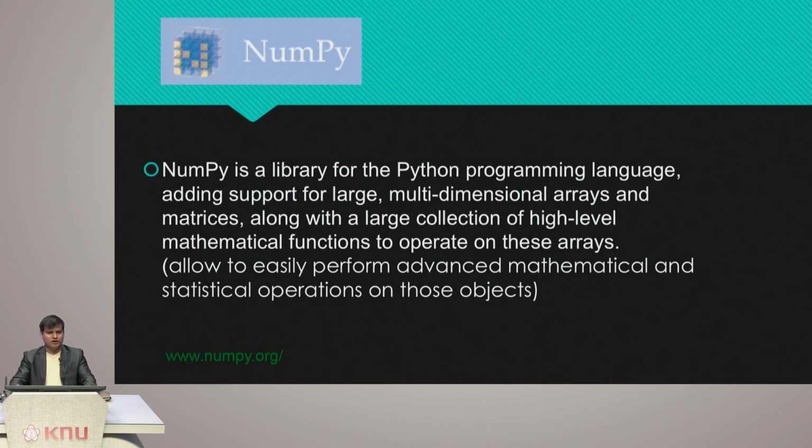You can go for NumPy. It is quite easy to import to your current platform, and then you can work with various mathematical functions. And of course, it's a free library. You can go to numpy.org where you can find more information about NumPy.